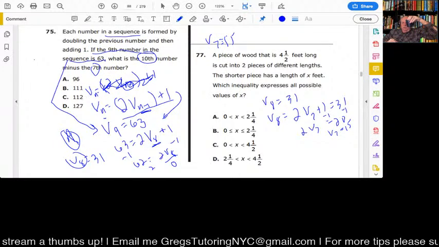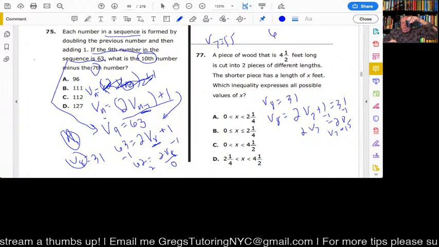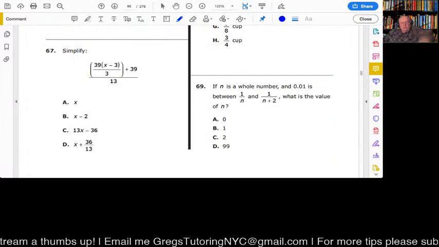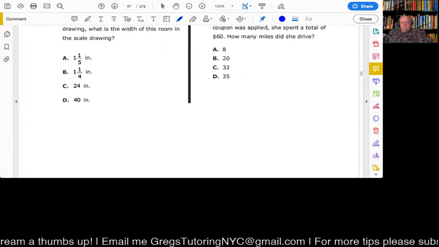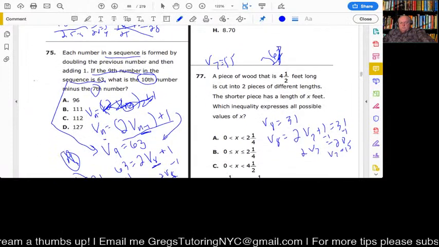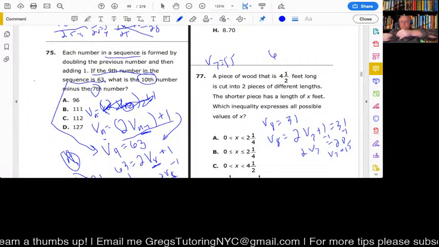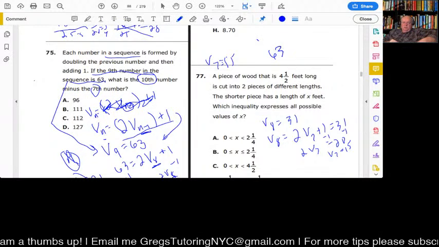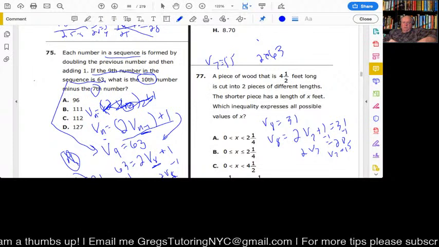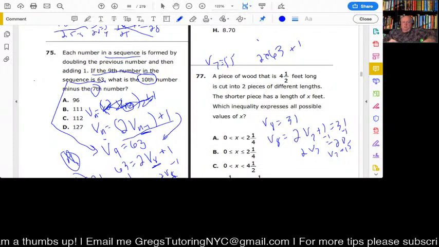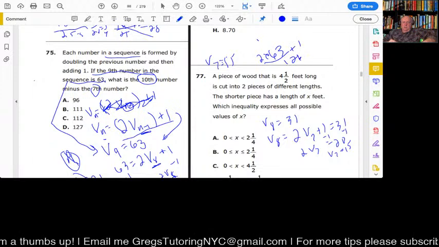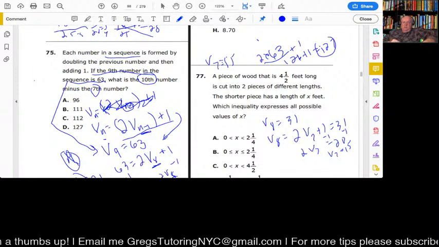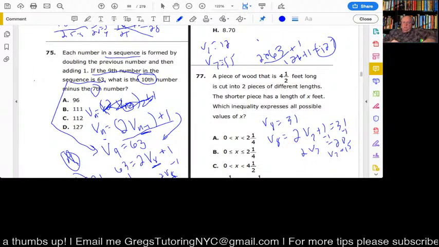So 63 times 2 plus 1, right? That's 126 plus 1 equals 127. Okay, so that's V10. So V10 equals 127.